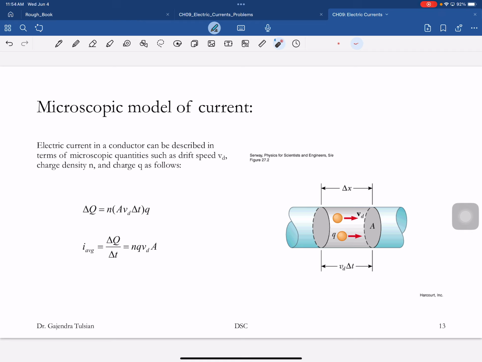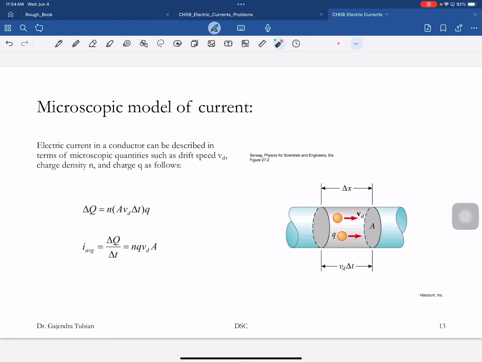The charges that can move. See, the copper atom has plenty of electrons. It probably only lets go of 2 of its electrons to move about freely. How many electrons does copper have? 29. So 27 of them it's holding on to, they're going nowhere. So how many free electrons are there per unit volume?